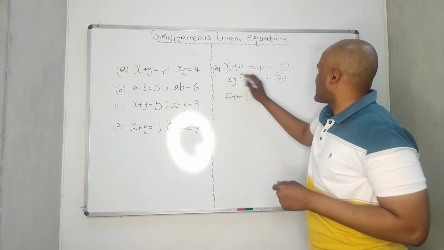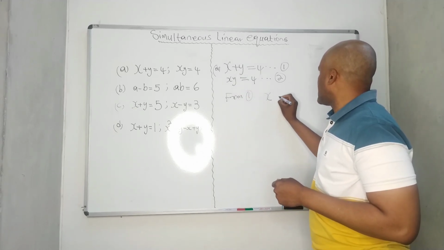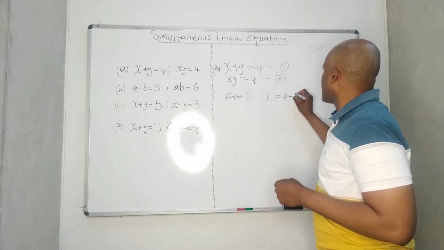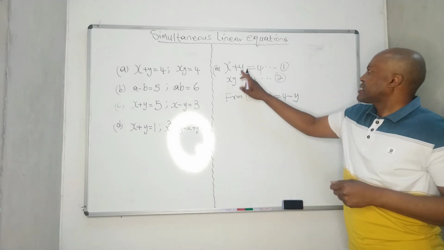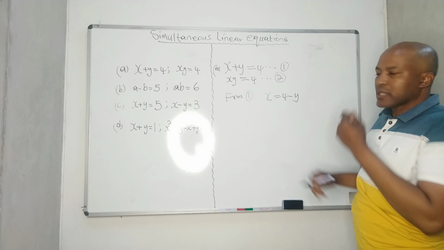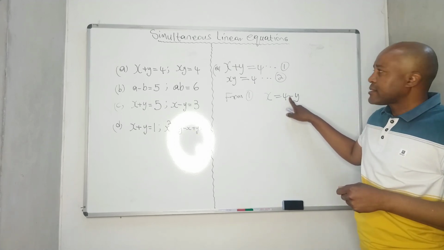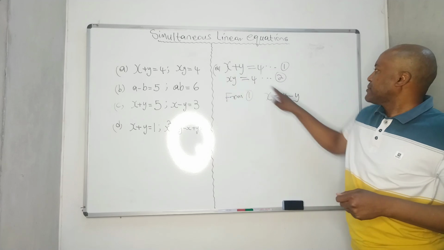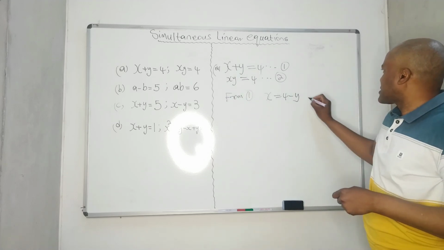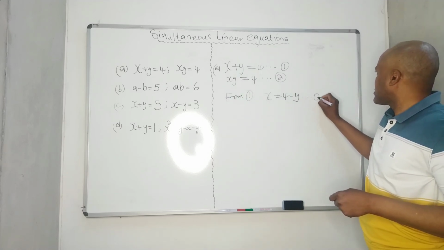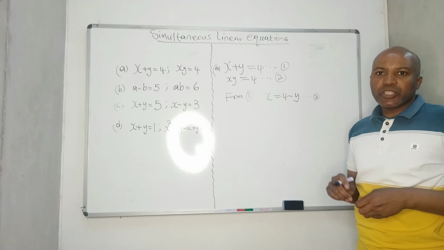If we solve the value of x, it's going to be x is equals to 4 minus y. Okay? You just take the y to the other side, and it's going to change the sign to be negative, from positive to negative. Right? You can also name it equation 3.